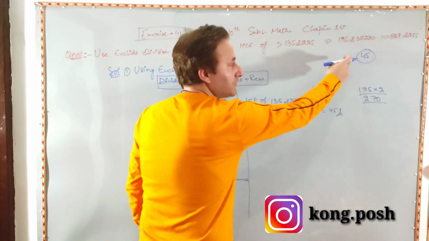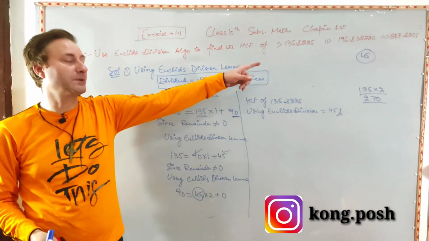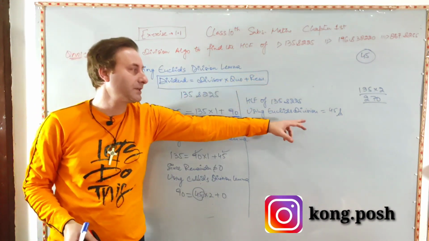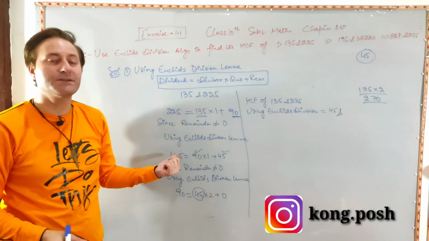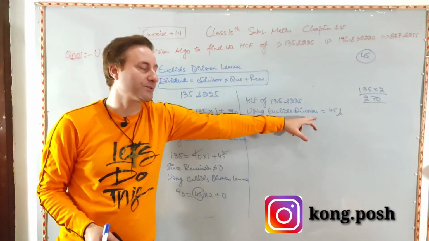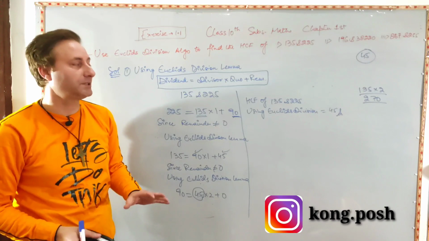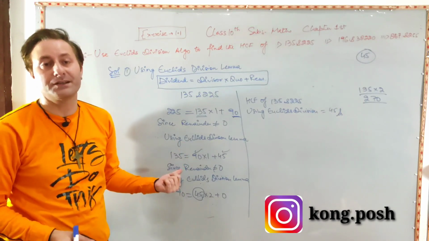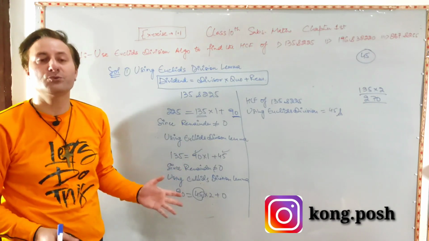If you remember, doing prime factorization method, we got the same answer, and with the Euclid's division method, we again got the same answer. So the answers will not differ, but the procedure is a different one. So this is Euclid's division.